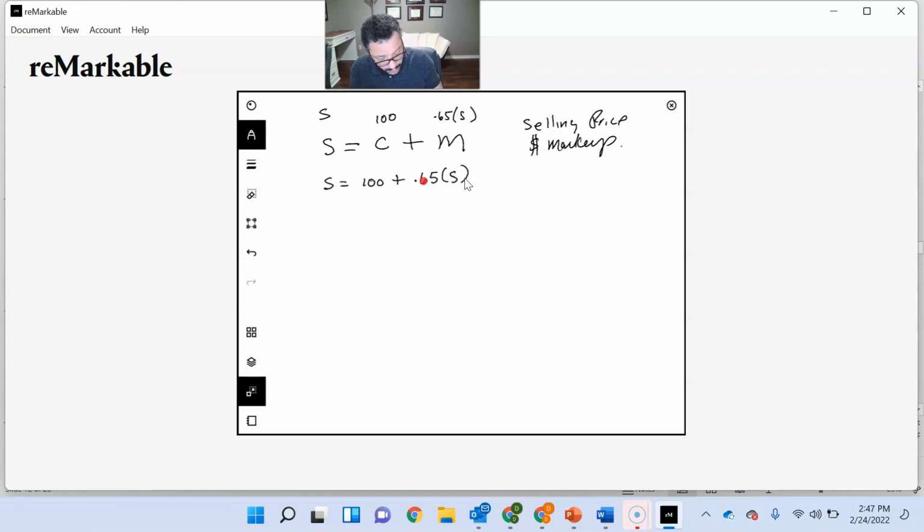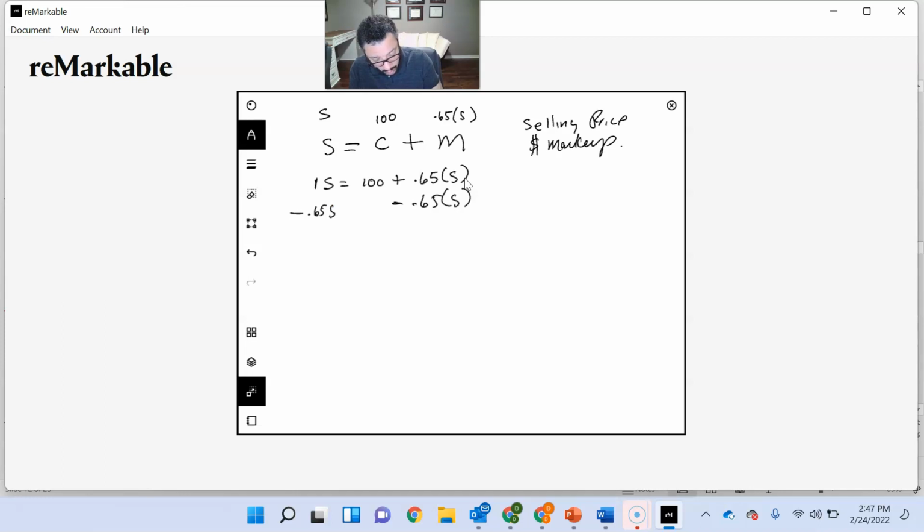They're asking us to add 0.65S, so we need to subtract it. Subtract 0.65S, and what we do to one side, we need to do to the other. So subtract 0.65S.